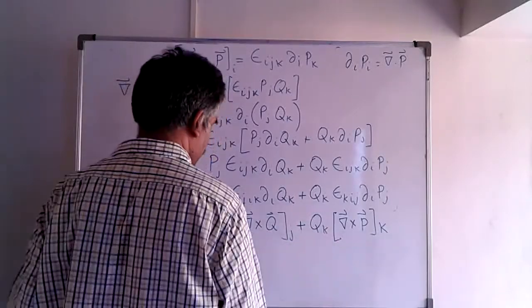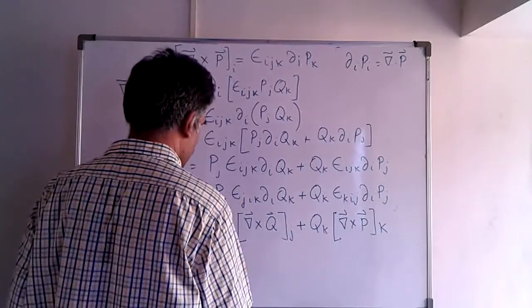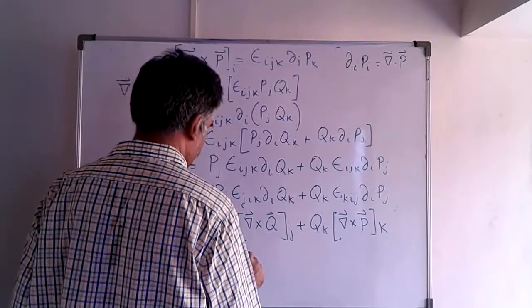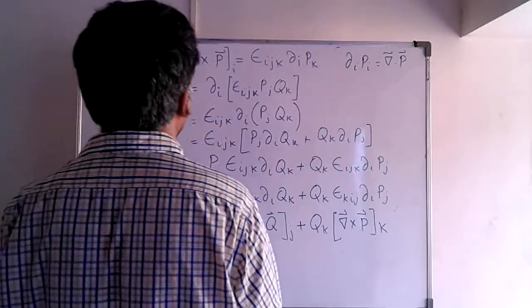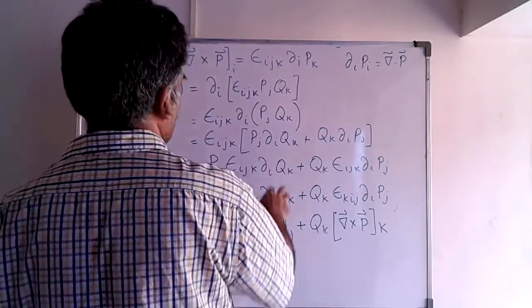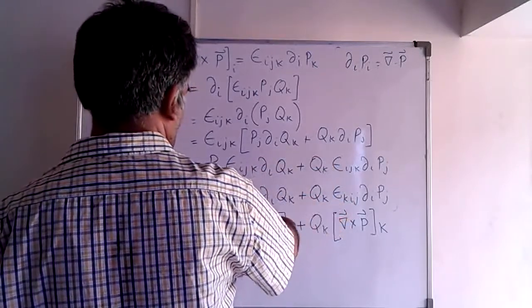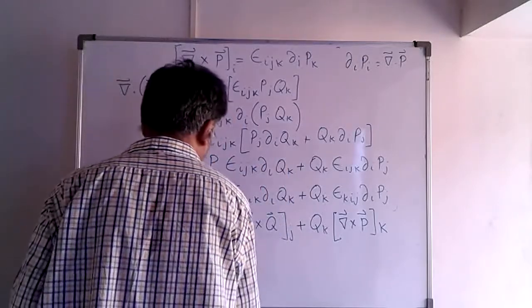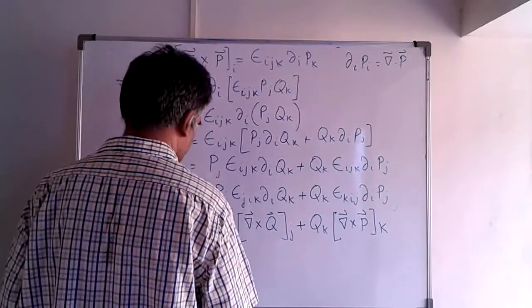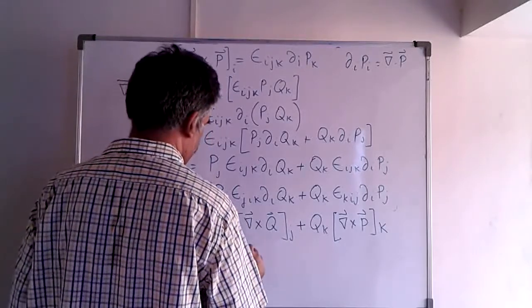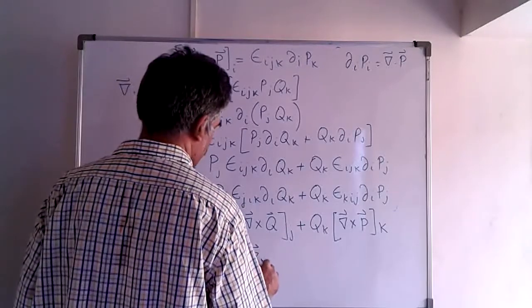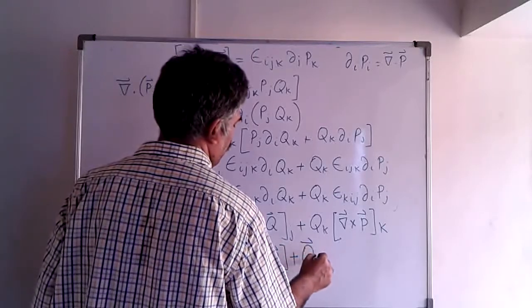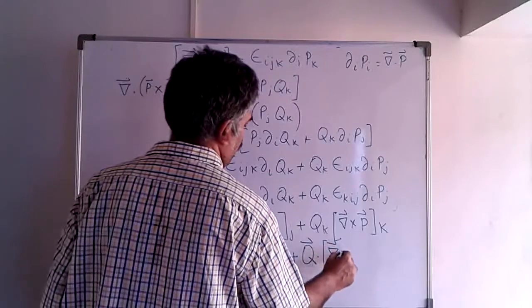Let's write this first. So del dot, P cross Q, is P dot del cross q plus q dot del cross p.